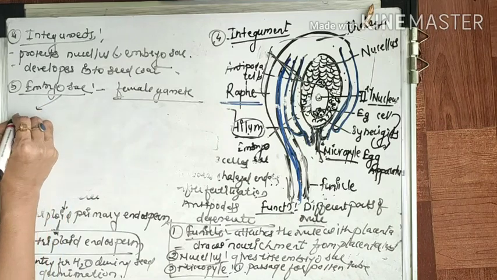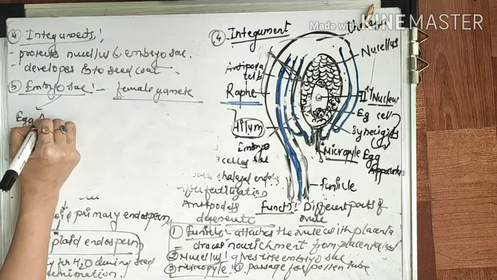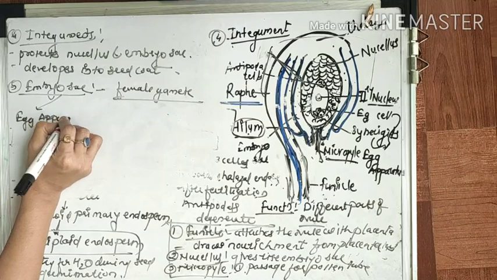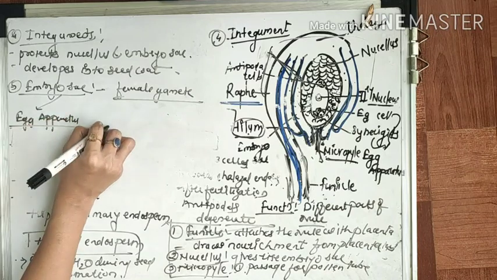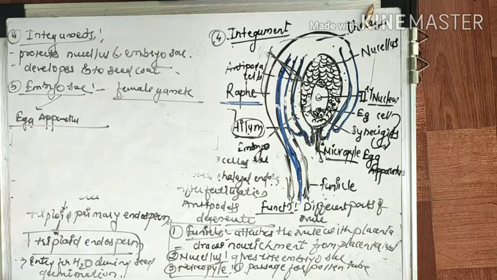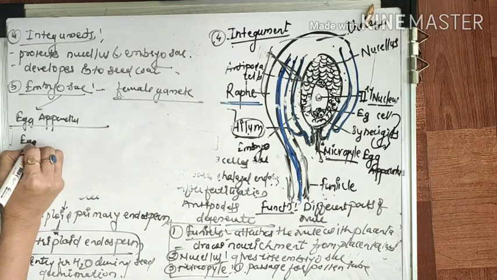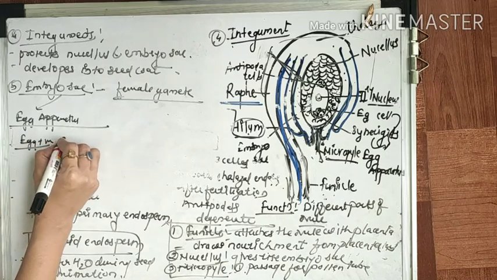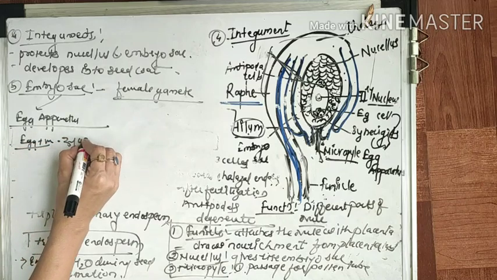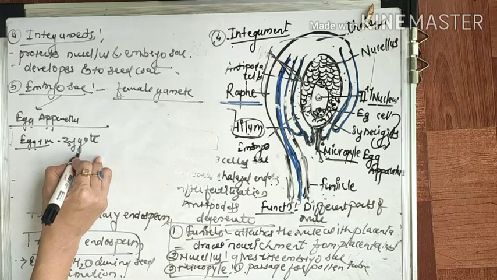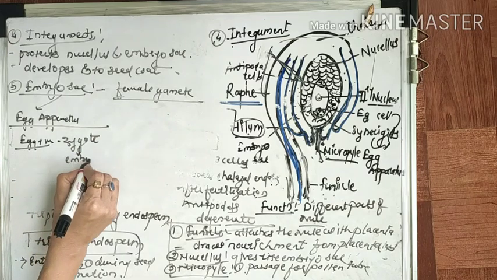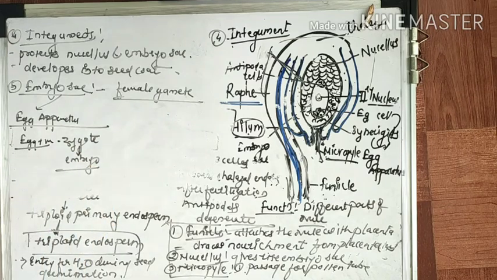We already saw the egg apparatus. What is the role of the egg apparatus? After fertilization, the egg plus male gamete forms a diploid zygote, which later develops into the embryo, right?